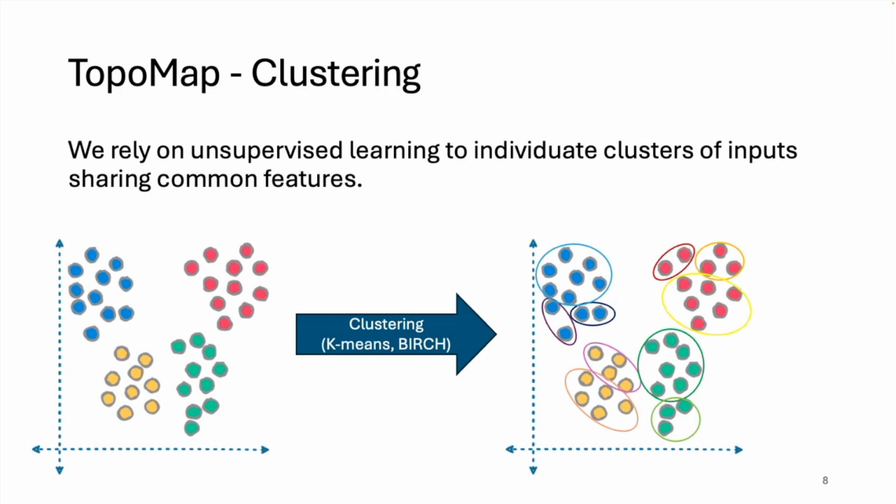Then, starting from the embedded input space, we apply some clusterings. Clusterings are unsupervised learning techniques which, regardless of the original labels of the input, try to find some connection within the input data and find some clusters.